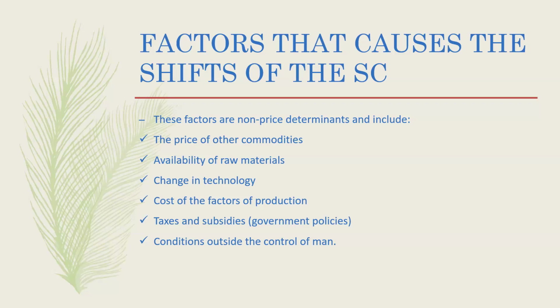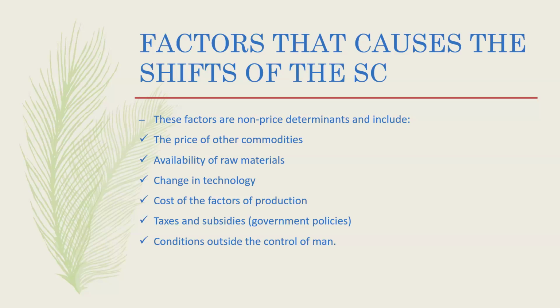Why do we call them non-price factors? Because it has nothing to do with prices. Technology is not a price. The cost of factors of production is not a price. If there are subsidies, government policies whereby the government is helping with the prices, so that we are not paying so much money, it means that we could increase our supply even more.